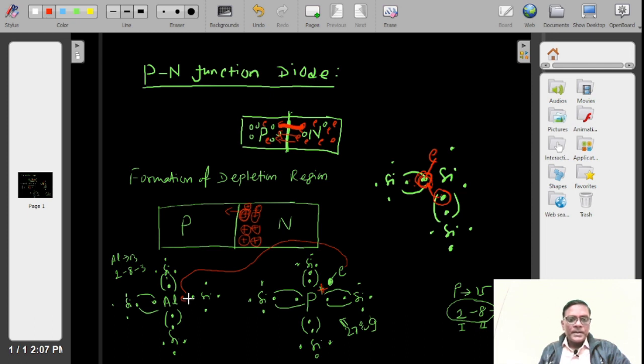Once this electron comes here, there will be formation of a covalent bond. Now this aluminum will become a satisfied atom, it will become stable. But as soon as it receives one electron, it gains a negative charge. By this phenomenon, negative ions are formed very close to the junction.